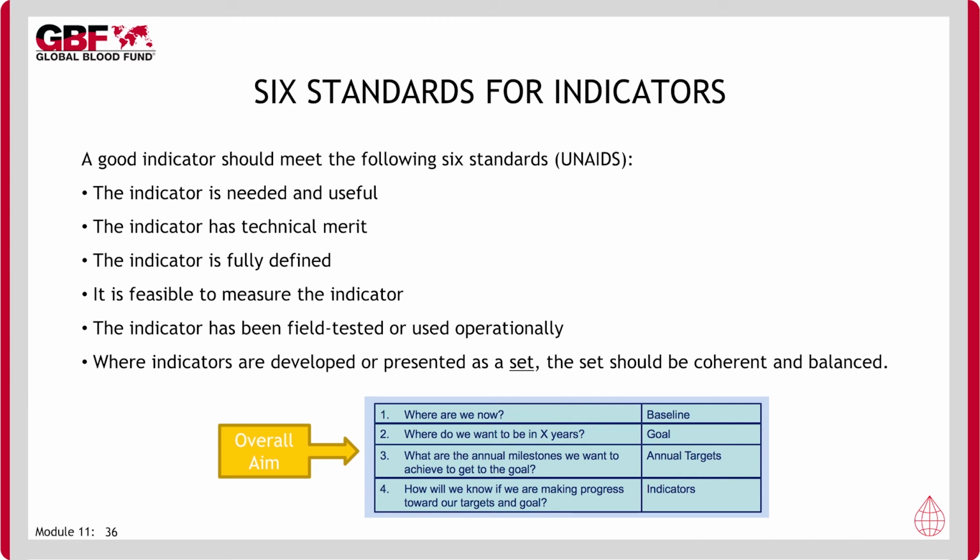These are that the indicator is needed and useful, has technical merit, is fully defined, is feasible to measure, has been field tested or used operationally. And finally, where indicators are developed or presented as a set, this set should be coherent and balanced. The overall aim is to link the baseline information from formative assessment, goals, targets, and the indicators to have a well-informed M&E system.